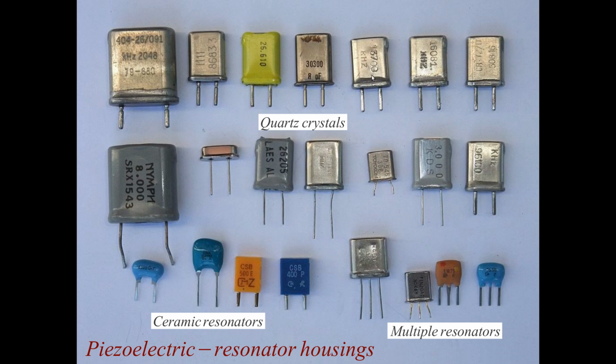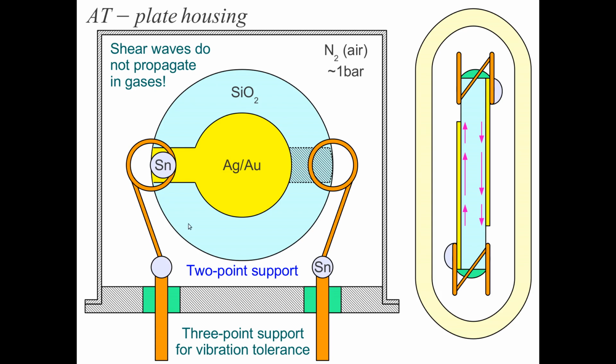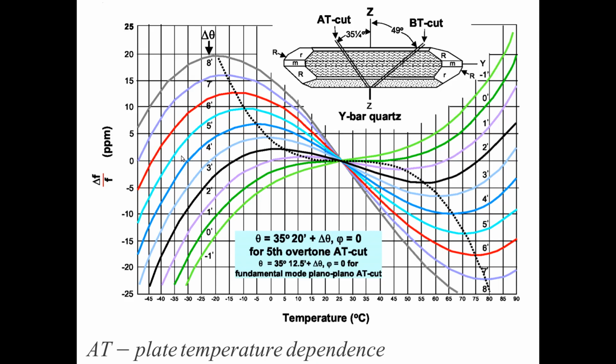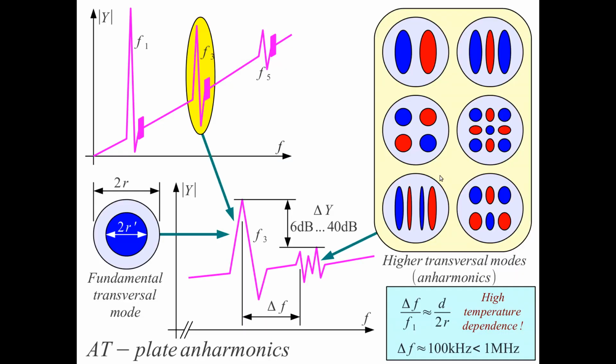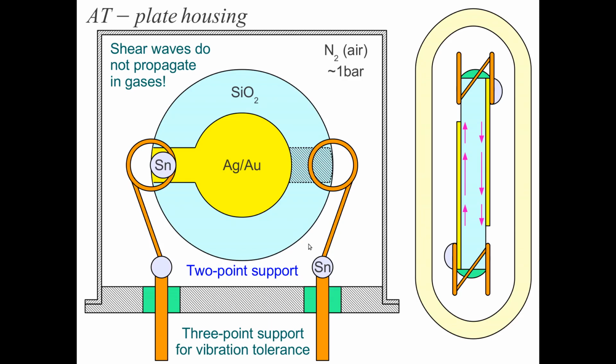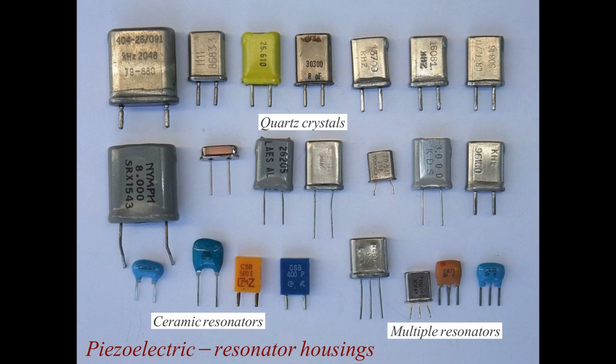Some good quartz crystals are round in shape. So good quartz crystals are round like this one here, because with the round shape it's easy to get the least amount of anharmonics. But in inexpensive crystals, like for computer clocks, like this one here, this package is much smaller, but this has a rectangular crystal plate inside.